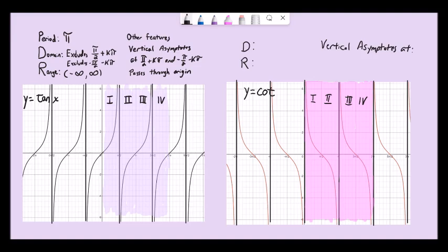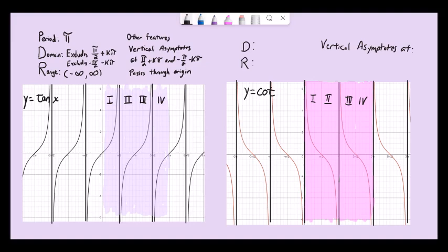So you can see positive in quadrant 1 for cotangent, negative in 2, just like the other one. Quadrant 3 was positive, quadrant 4 was negative. So that hasn't changed. What has changed is that in tangent, the values rise from left to right, and with cotangent, they fall from left to right.